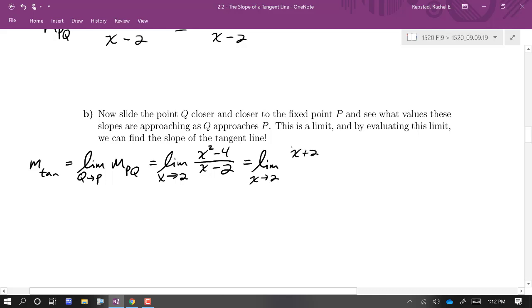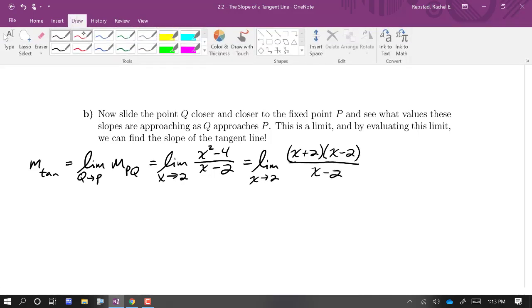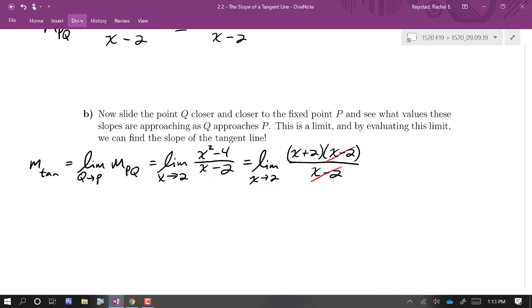So we have (x plus 2)(x minus 2) over (x minus 2), and these x minus 2's cancel, and now all of a sudden it is no longer a problem to let x approach 2. In that expression we can let x be 2, no problem.